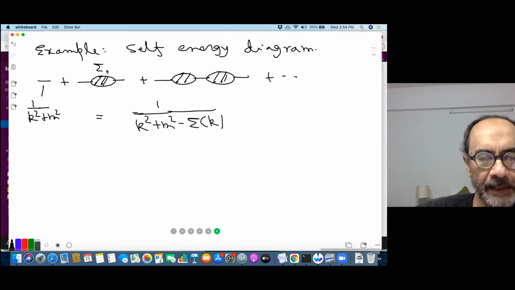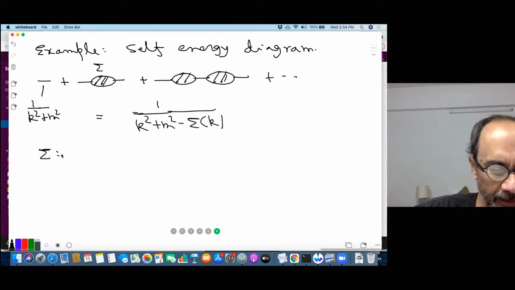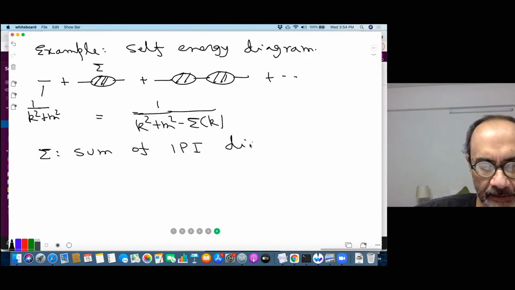But what is sigma? Let me remind you, even in quantum field theory, sigma is a sum of 1PI diagrams, one particle irreducible diagrams. These are the diagrams which cannot be cut into two parts by cutting one internal line, with one external state on each side.